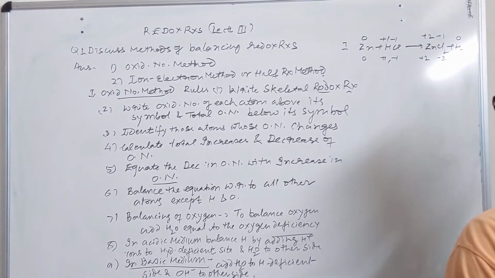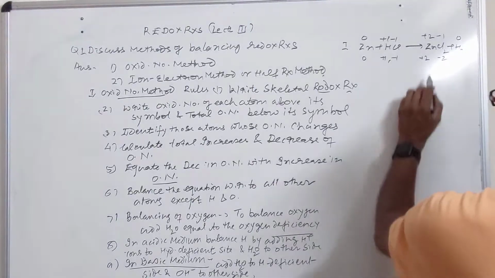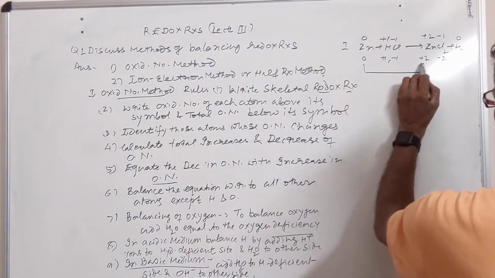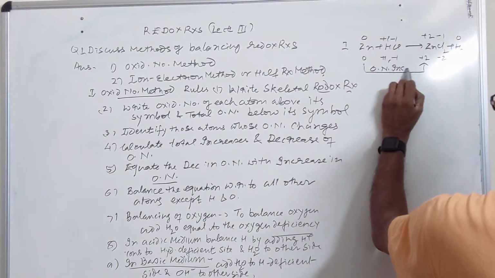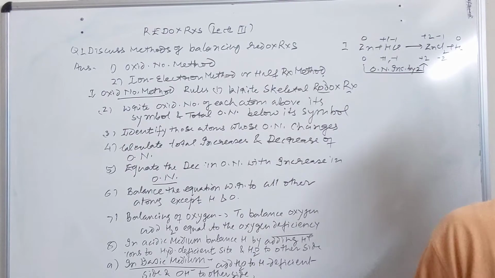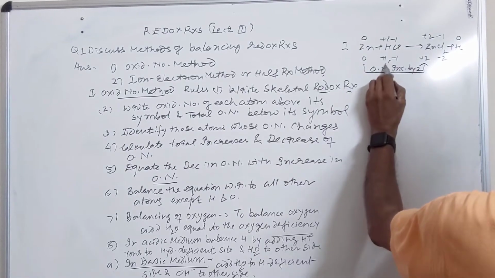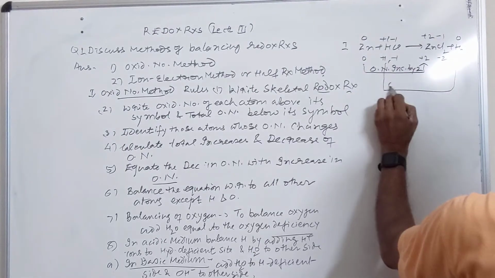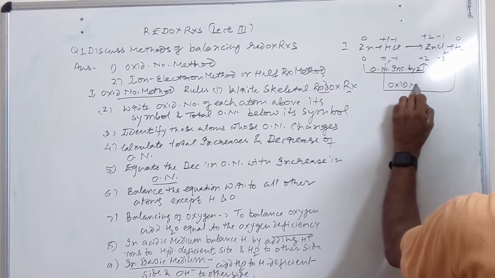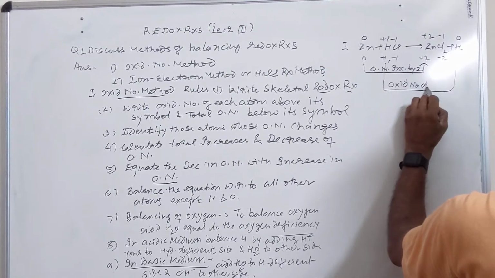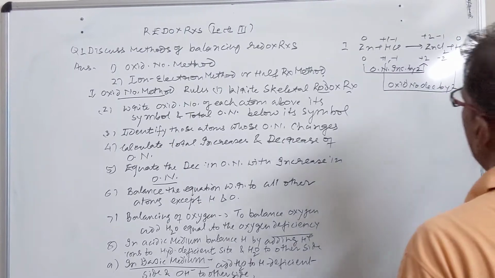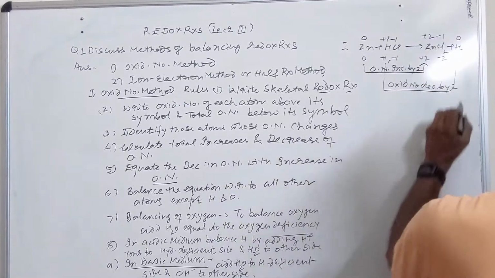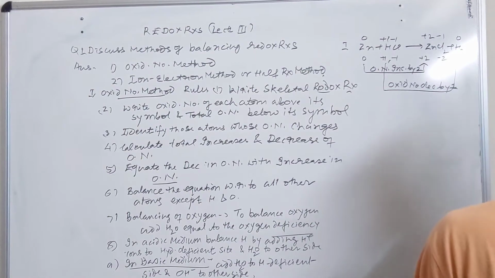Now the oxidation number of zinc has increased by 2 units, and in the case of hydrogen, the oxidation number decreases by 2 for two hydrogens. For one hydrogen it decreases by 1.